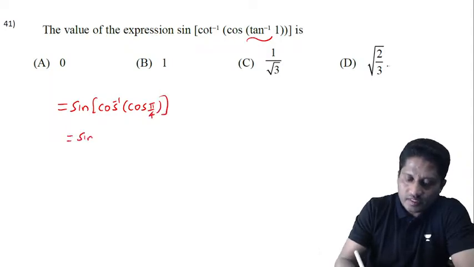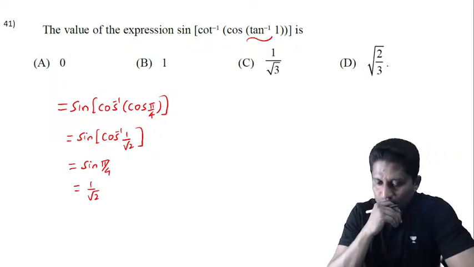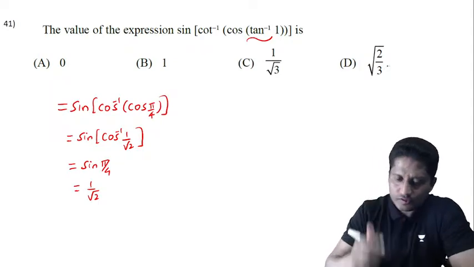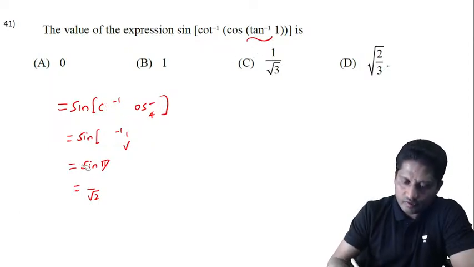This is equal to sine of cos inverse of cos 45, which is 1 by root 2. Sorry, cot is left out. I left out cot. You will get the option.